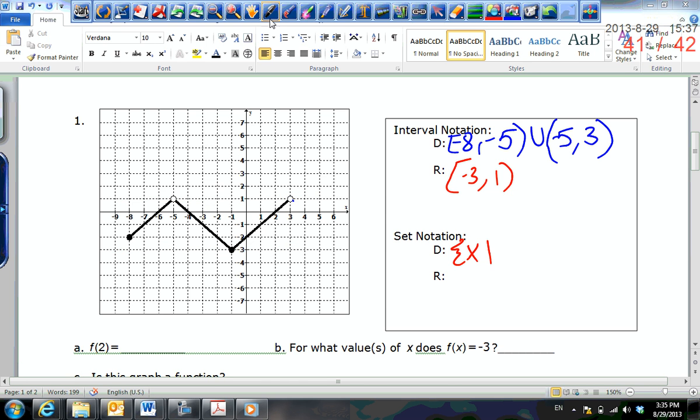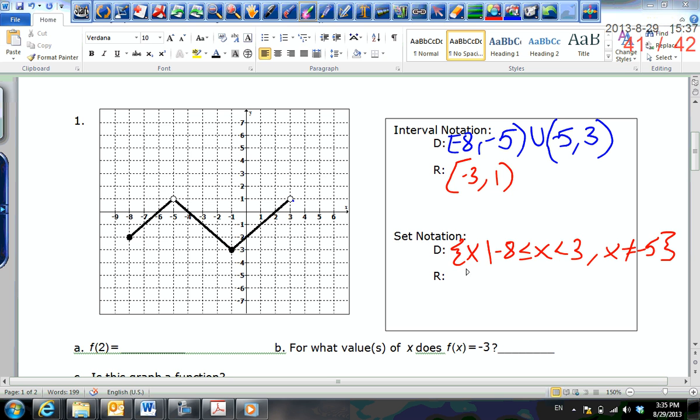Okay. So set of all x such that we've got to say x is between. So how we're going to say that is -8 less than or equal to x less than 3, except x cannot be -5. That's a lot to digest. What's the exception? -5.